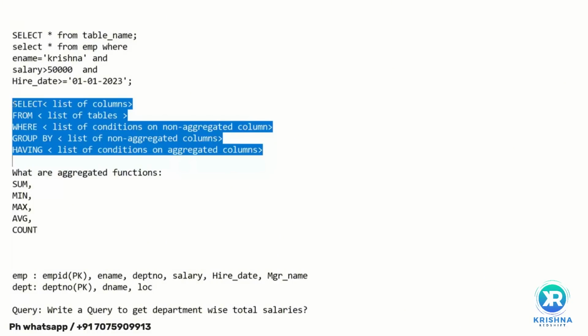You cannot put conditions on aggregated columns in the where clause. And group by: if your select list has aggregate and non-aggregated columns, then the non-aggregated column should be mentioned under group by. And the having clause is used to apply conditions on the aggregated columns.